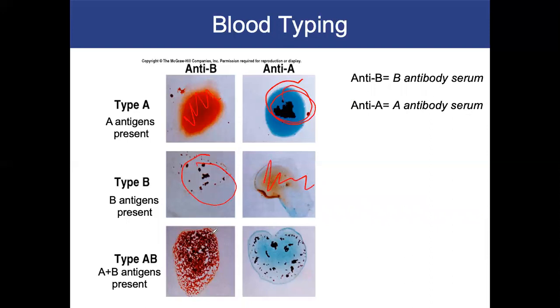Type AB blood is going to agglutinate when you have both antibody serums, okay? So when you add B and A. If we had Rh, you would see if it's Rh positive, we would get agglutination. Rh negative, we wouldn't get agglutination.